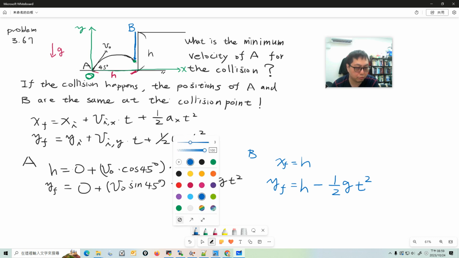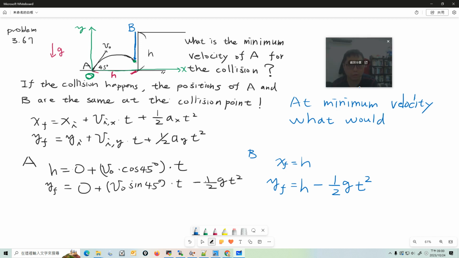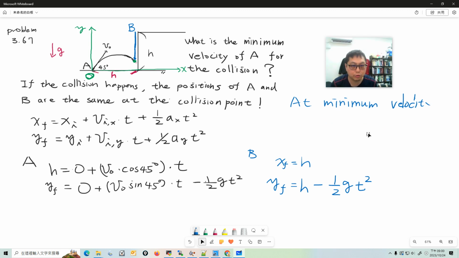At the minimum velocity, what would happen? If A throws the ball with the minimum velocity and makes the collision happen, I should write down the question.